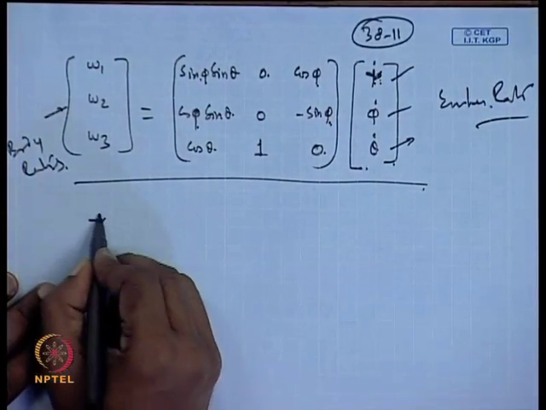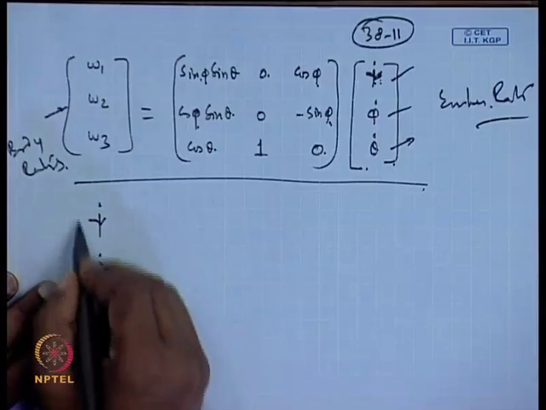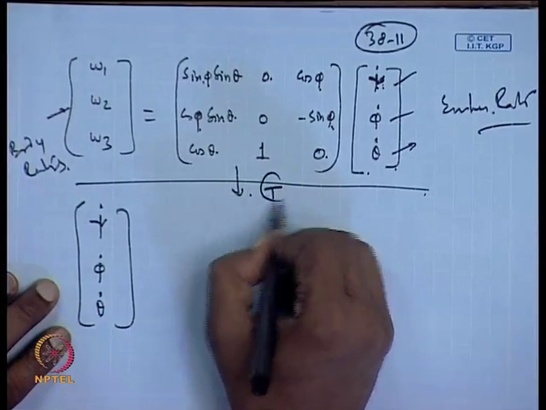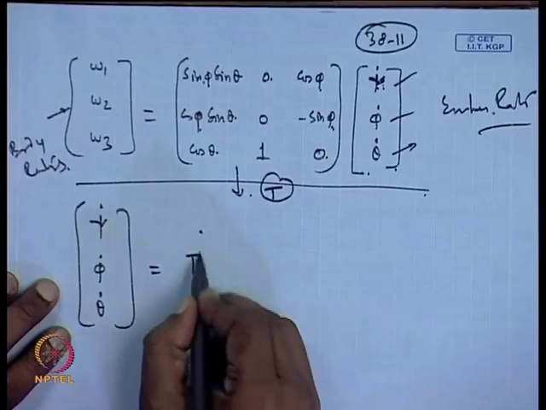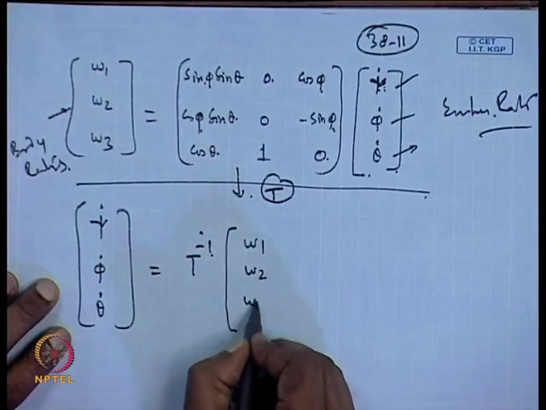Okay, and vice versa, to get psi dot, phi dot, theta dot, you need to invert this matrix. So, if we write this as the T matrix, so this can be written as T inverse omega 1, omega 2, omega 3.